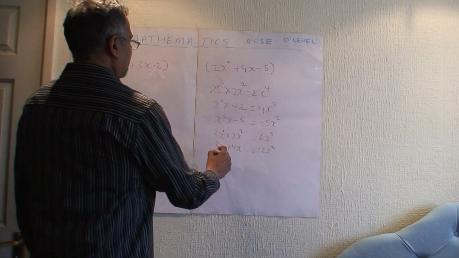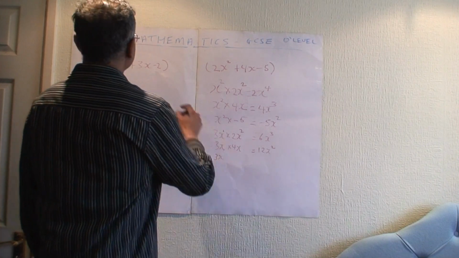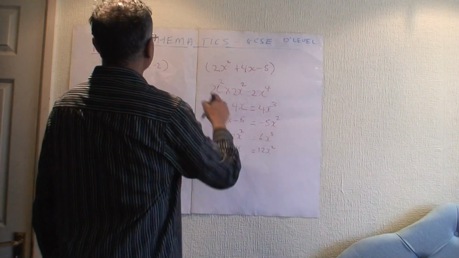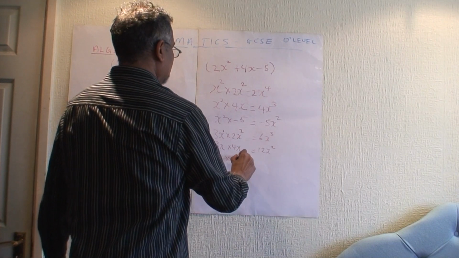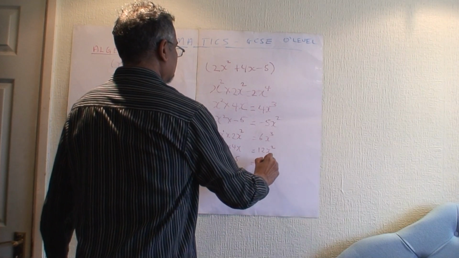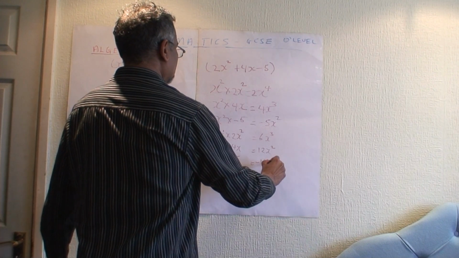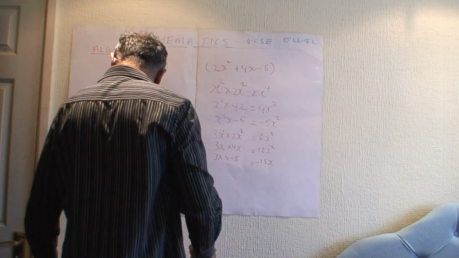And 3x multiplies by minus 5 is minus 15x.